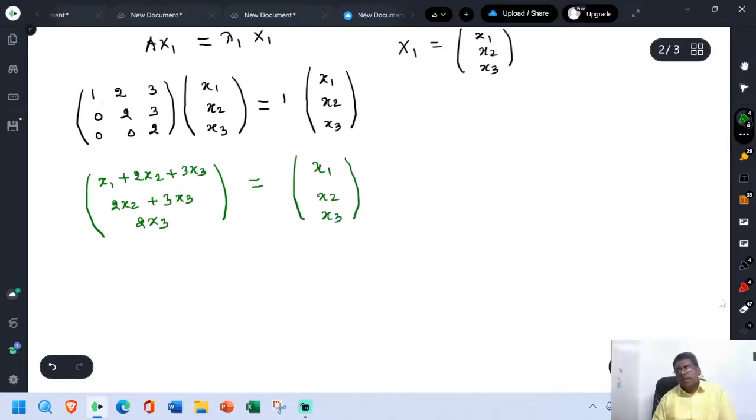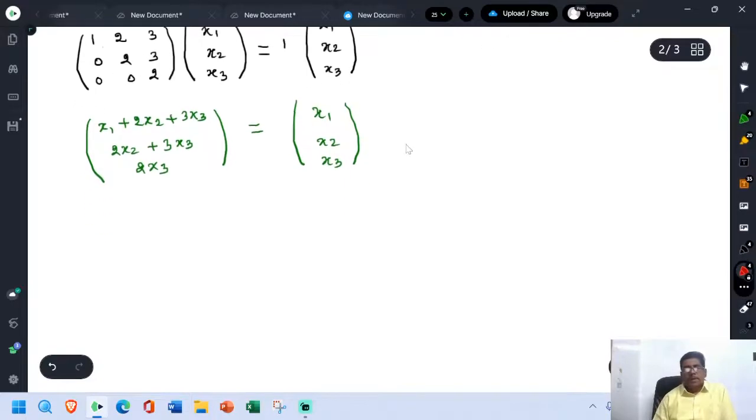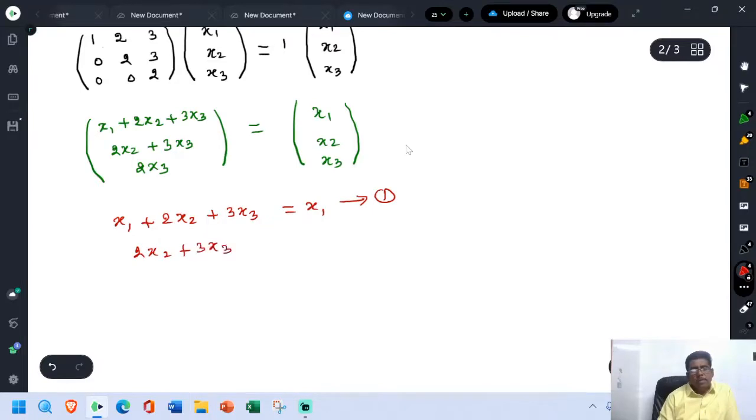Now we have 3 equations. x1 plus 2x2 plus 3x3 equal to x1. This is equation 1. Then 2x2 plus 3x3 equal to x2. This is equation 2. 2x3 equal to x3. This is equation 3.